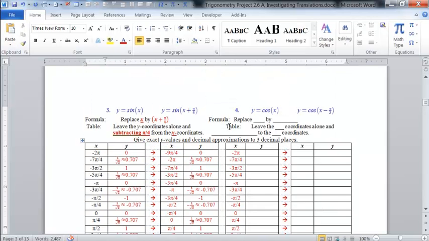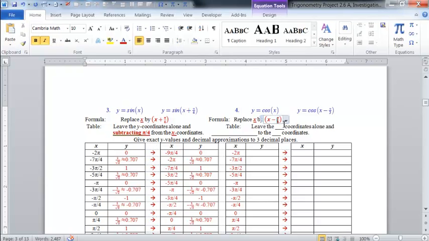Okay, so similarly, over here we're going to replace x by parentheses x minus pi over 3. Let me copy this and paste it here. But I need to change this to subtract, and this needs to be over 3 instead of 4.